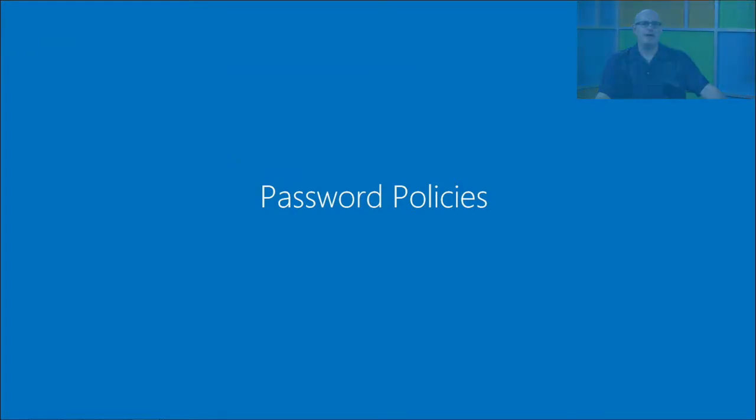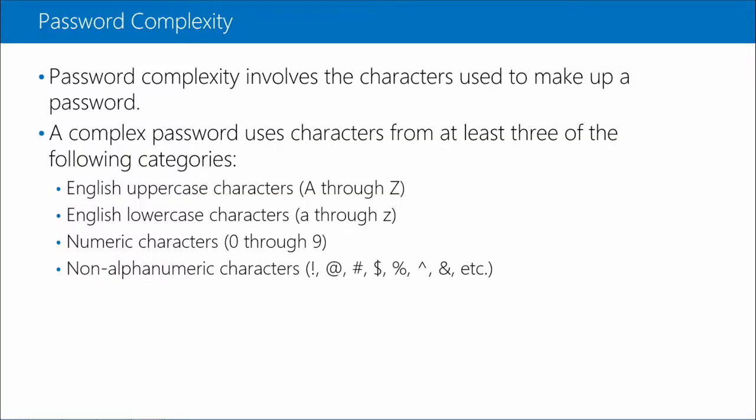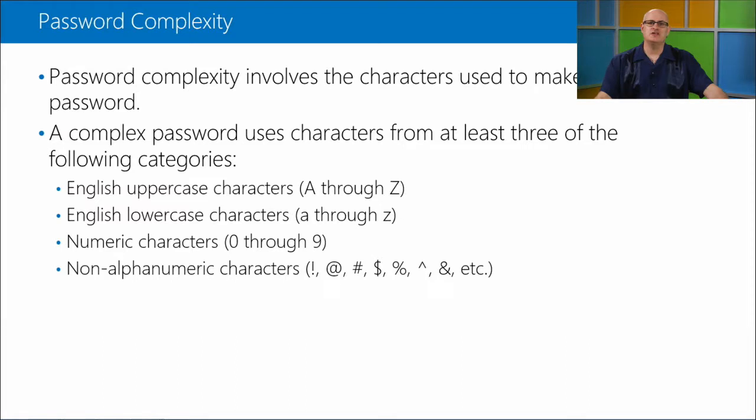So let's talk about password policies. Password complexity are the rules associated with how you're going to create your password. You see constantly people who have passwords like 1, 2, 3, 4. They use the word password. Password complexity basically enforces rules that say you need to have certain requirements in place to put in a password.